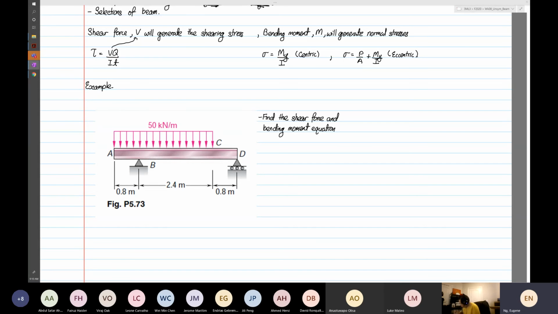Then we're going to construct the shear force and bending moment diagrams.